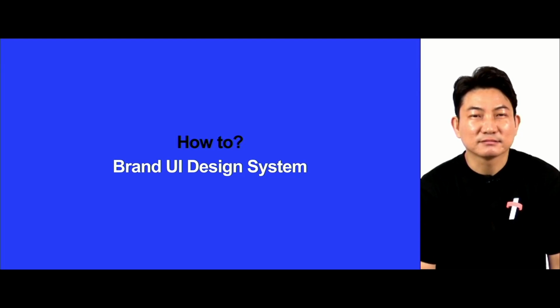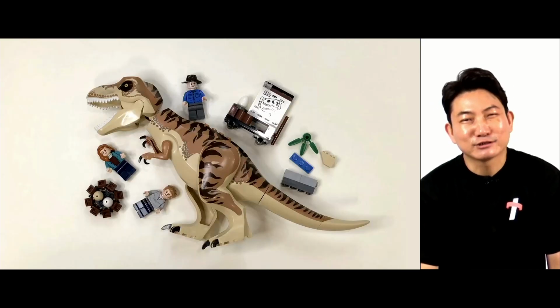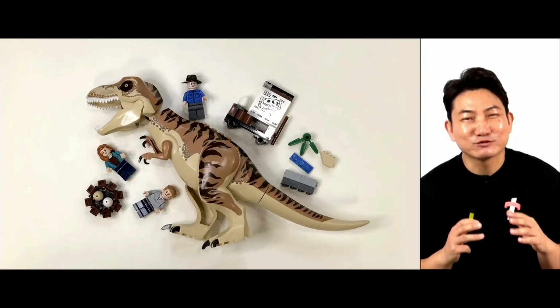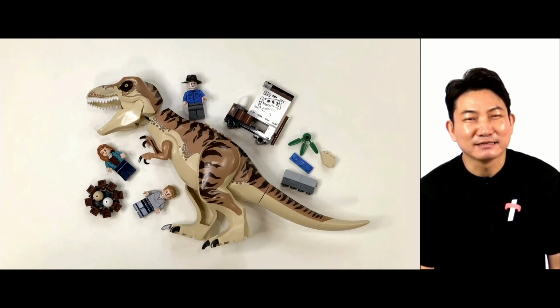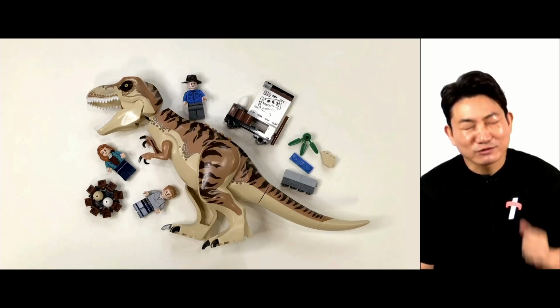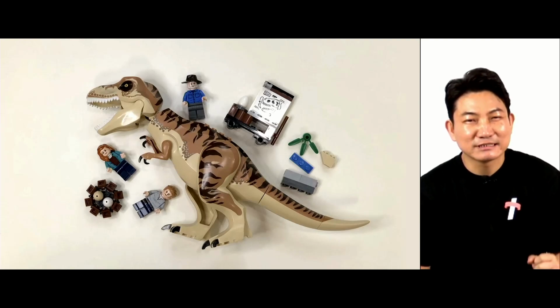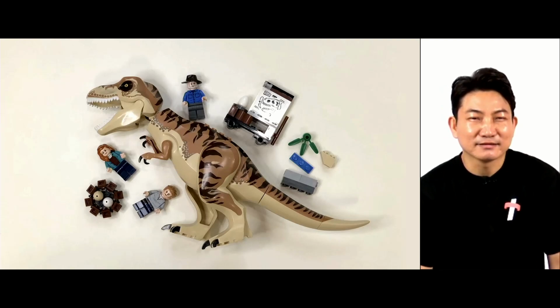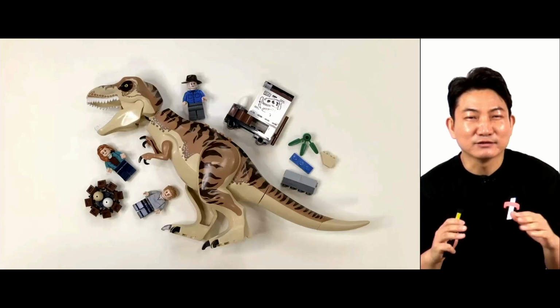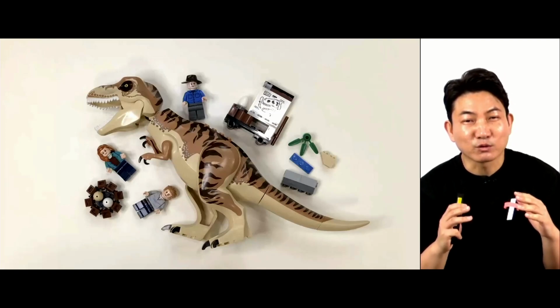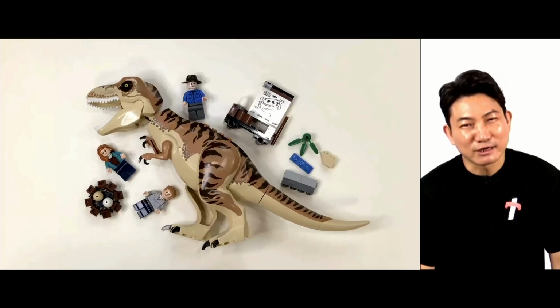So how can such a design system be made? How shall it be used? For those of you with children, probably you know Legos pretty well. My child loves dinosaurs and collecting Legos of the Jurassic World series.